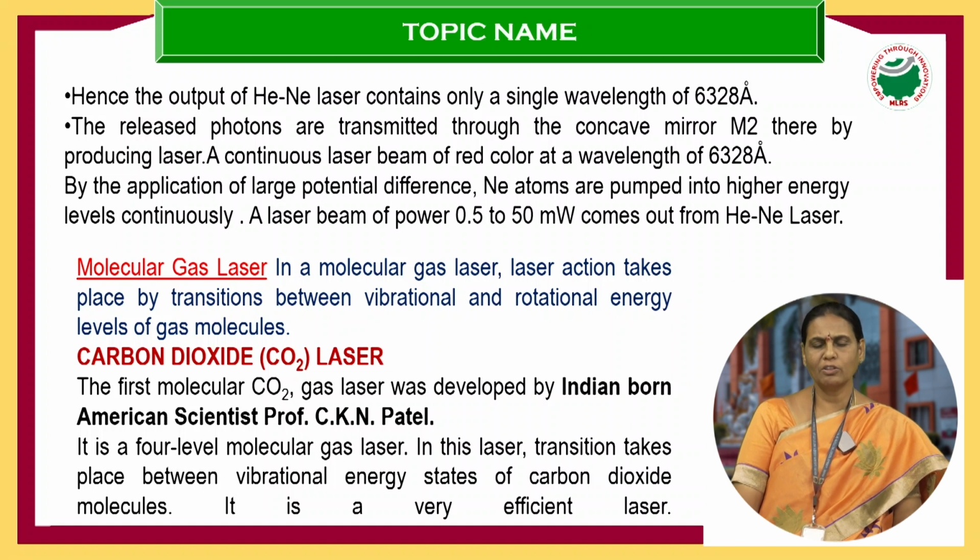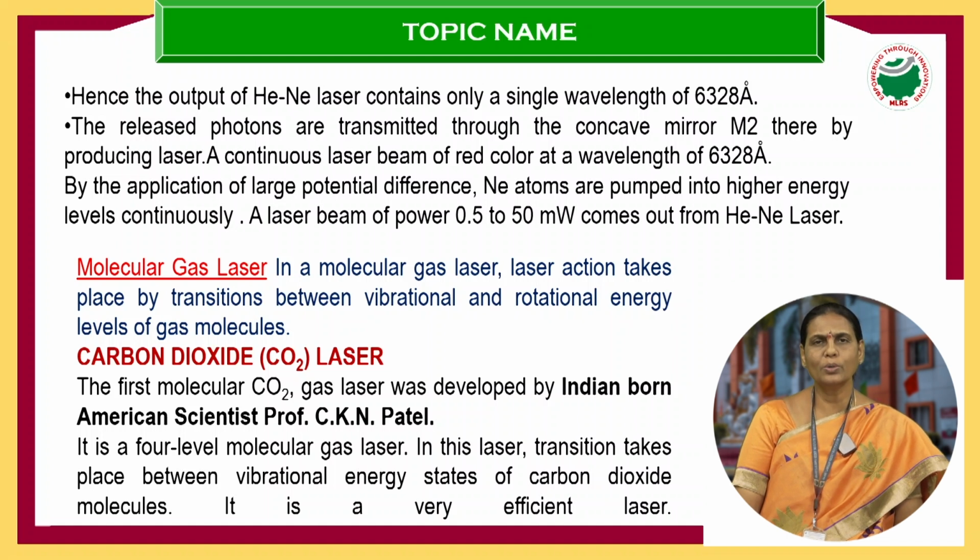Now what is this molecular gas laser? In a molecular gas laser, the lasing action will be taken between the vibrational and rotational energy levels. So previously we were studying ruby laser and helium neon laser in a normal manner, that is the excitation from higher energy state to lower energy state.